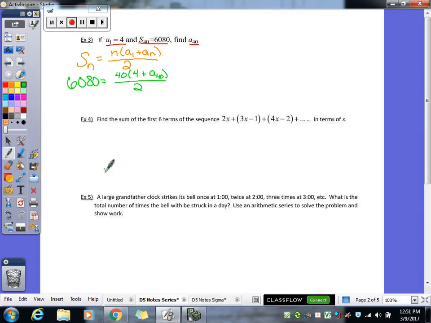So now we just need to solve this. How do we get rid of our 2? Multiply times 2. So 6,080 times 2, to get rid of the 2.